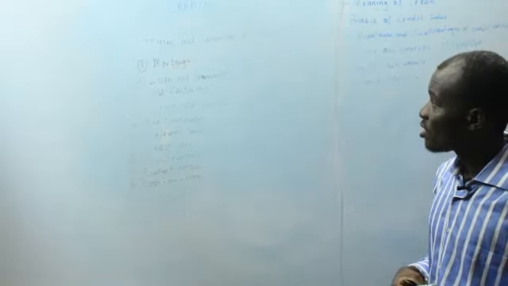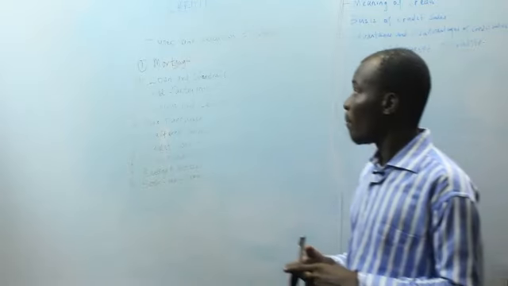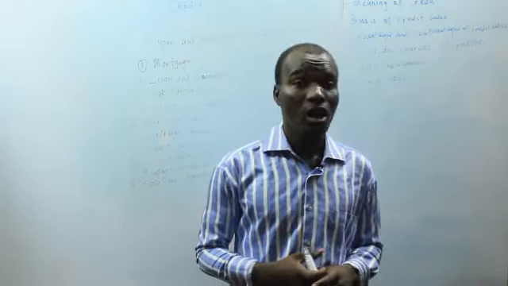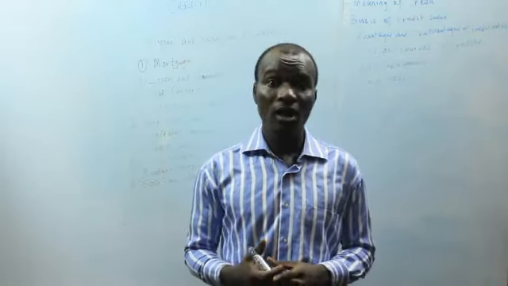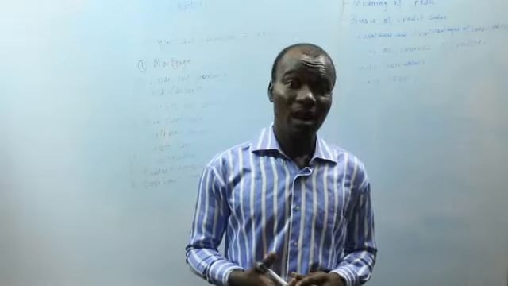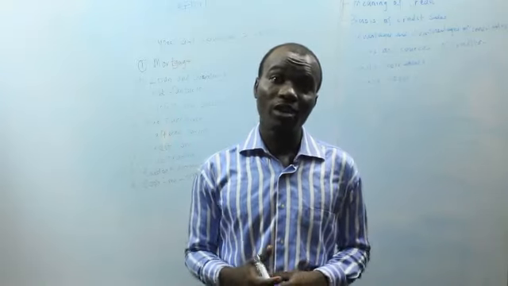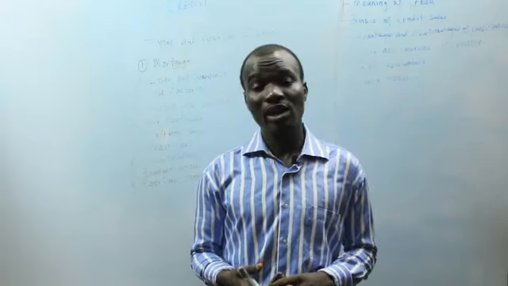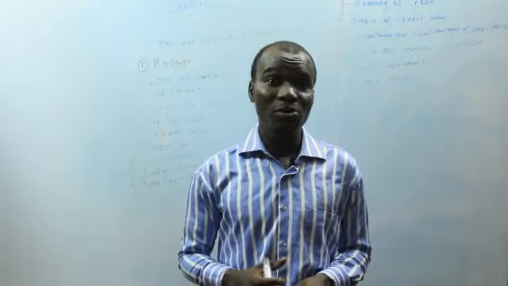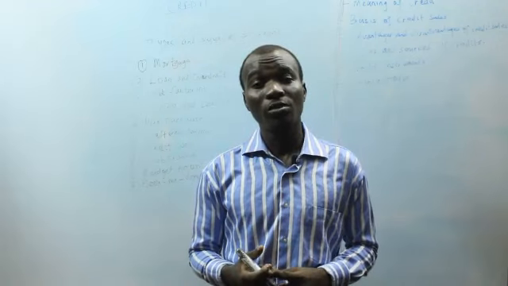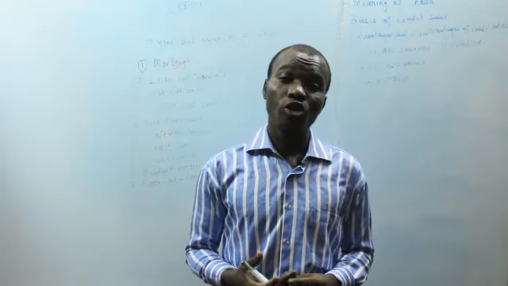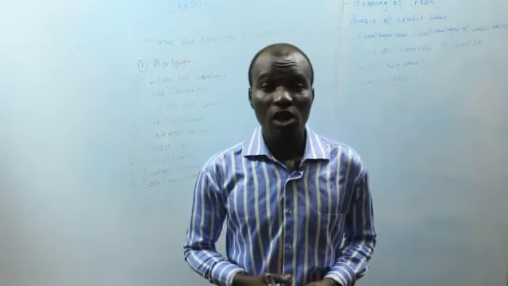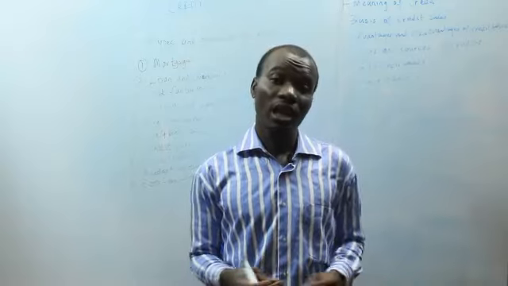But the first thing we have is the mortgage. This is when building societies, banks, or mortgage banks grant loans and credit facilities to individuals in order to enable them to build housing properties or to own a house. So a loan is given to the person in order for the person to acquire a house.